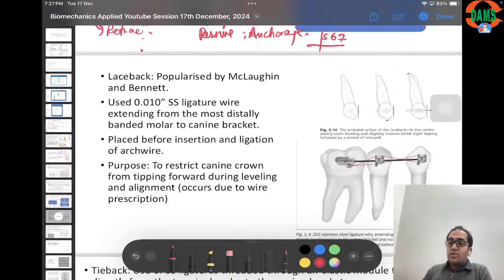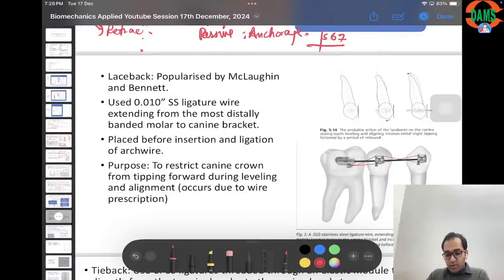Next concept that comes in biomechanics is lace back, tie back and bend. So what is lace back? First of all, the concept of lace back was given by McLaughlin and Bennett.